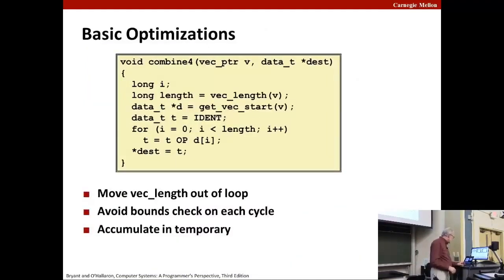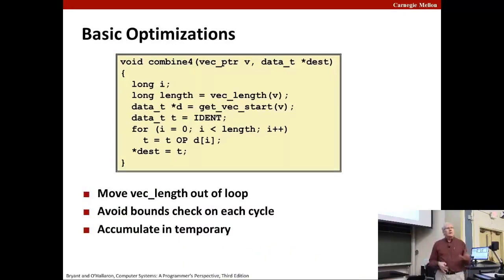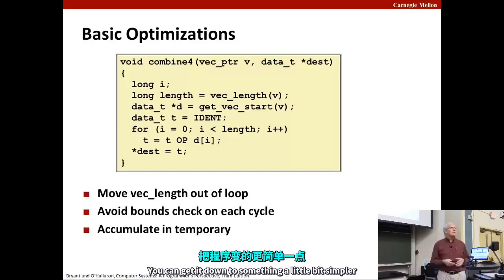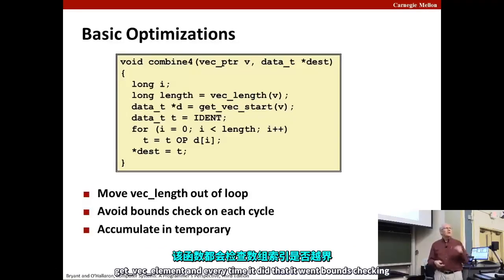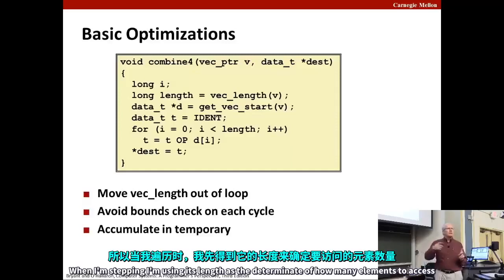And then I won't go through it all, but using the kind of things I described earlier, of cutting away some of the redundancy in this program, you can get it down to something a little bit simpler. Instead of, as you saw before, making a call to getVecElement, which did bounds checking every time, it's kind of silly to keep bounds checking the same array over and over again when I'm using its length as the determinant of how many elements to access.